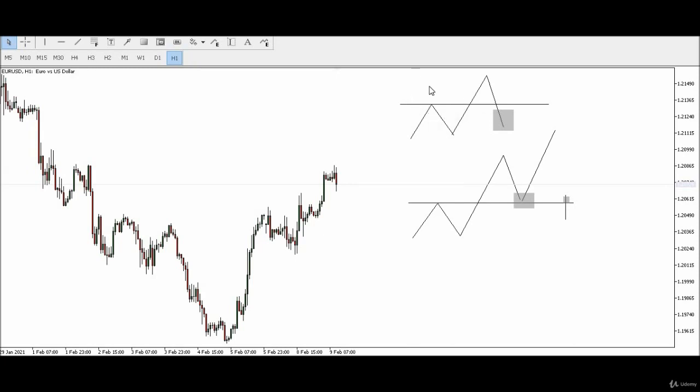So if it's to the downside, I will show you quickly. If the market does this, and like this, and now the market can do this or this.